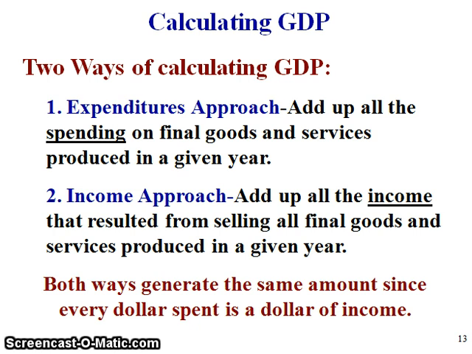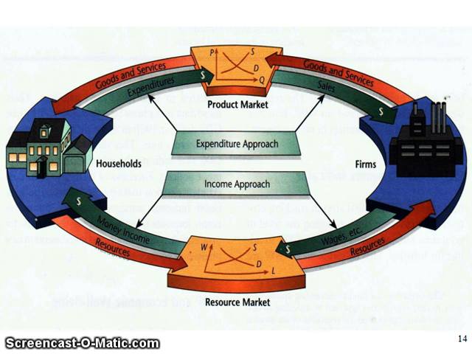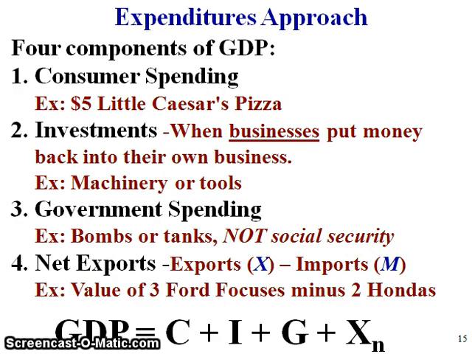So we'll talk about disposable income, personal income, net national income, and things like that that are part of the income approach specifically. But both ways generate the same amount in theory, because every dollar spent is a dollar of income. So two different ways to look at it. And if you just envision the circular flow chart, then it's pretty clear to see how that ties in.